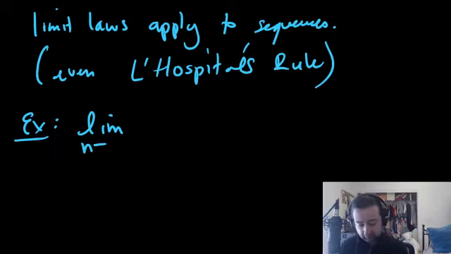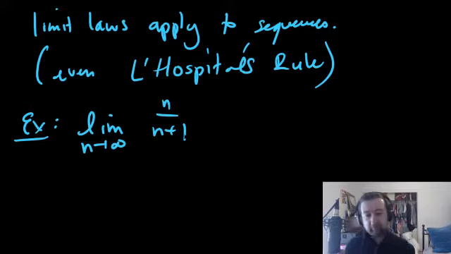So let's consider this sequence. When I look at that, I think, all right, I know how to deal with a limit that looks like that. It's not quite what we dealt with in earlier calculus class because the n here, n is an integer.